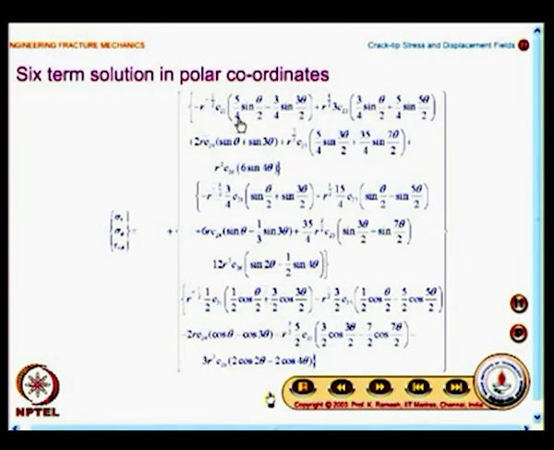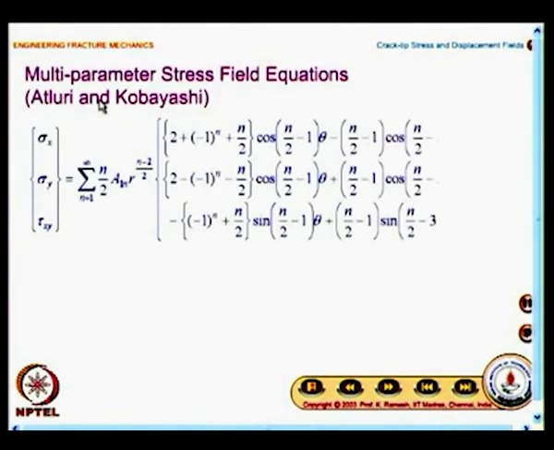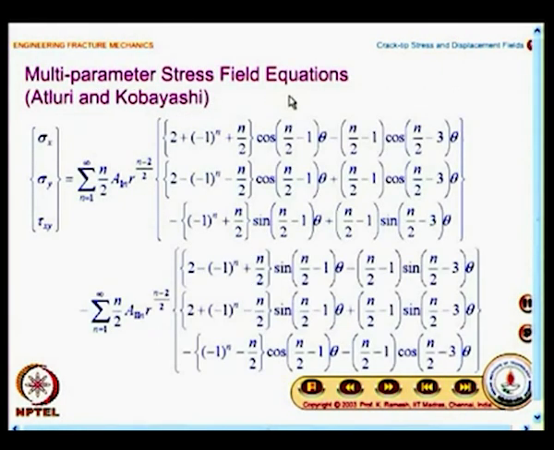This equation is quite clumsy, and we are not in a position to write it in a generic form, and the credit for bringing out multi-parameter stress field equations in an elegant fashion goes to Atluri and Kobayashi. And here you have the terms expressed in terms of the variable n, which varies from 1 to infinity, and you have terms corresponding to mode 1 and terms corresponding to mode 2.